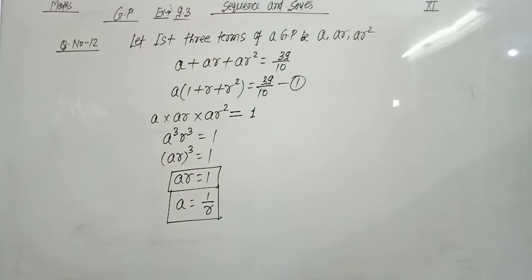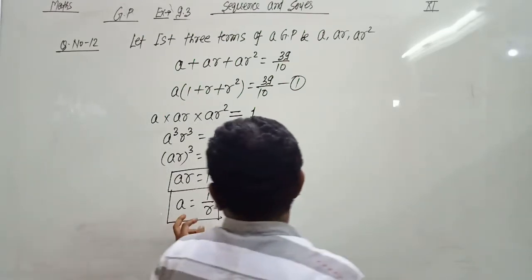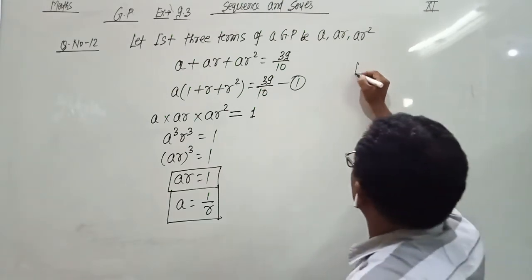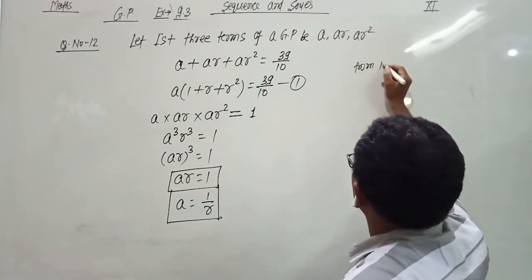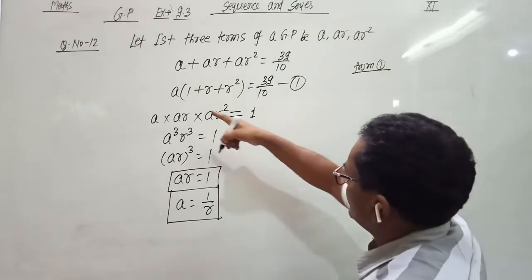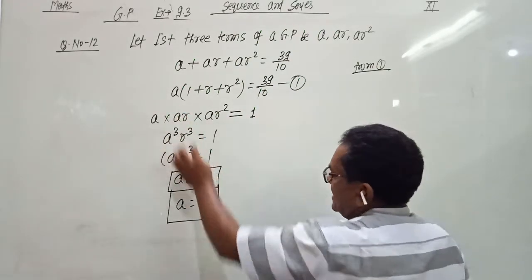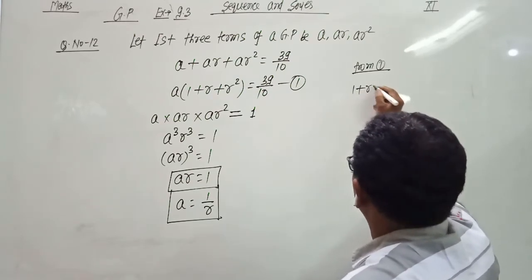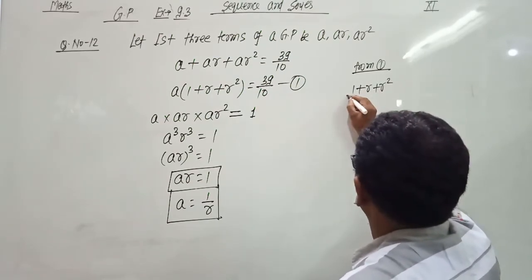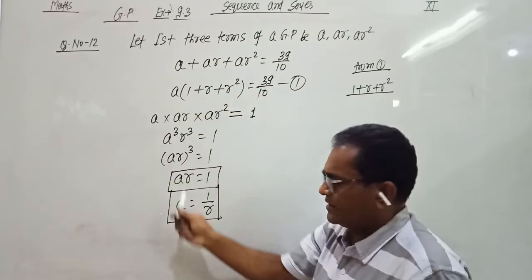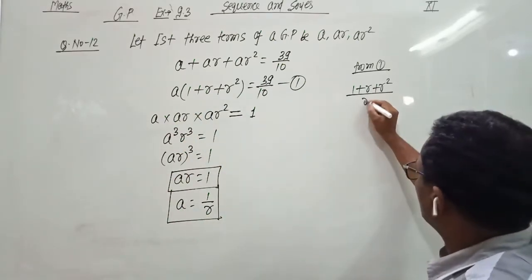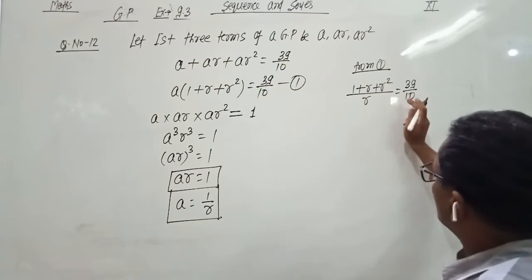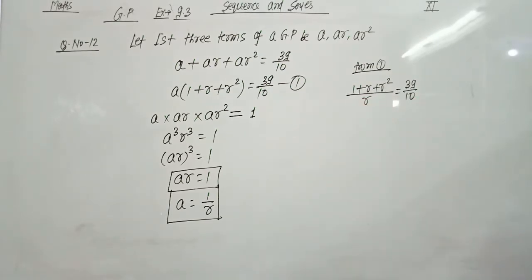We put the value of A equals 1 by R in the first equation. So from the first, the value of A is taken as 1 by R. So 1 plus R plus R square, and in place of A we write 1 by R, equals 39 by 10. Now do cross multiplication.